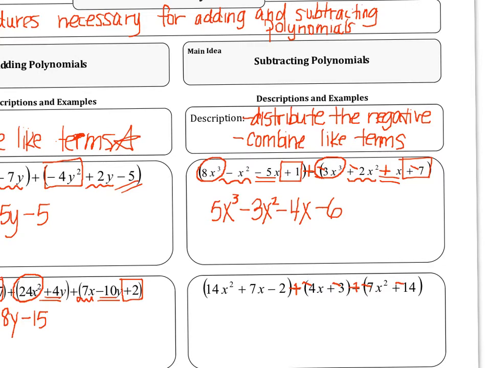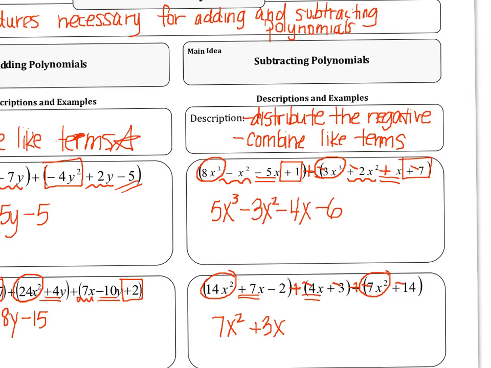Now we're just going to combine our like terms like we did before. Highest exponent is x squared. So I've got a 14x squared minus 7x squared, and that's just 7x squared. 14 minus 7 is 7. Now I've got a plus 7x and a minus 4x. 7 plus negative 4 is a positive 3x.